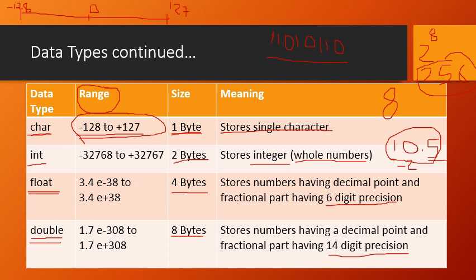Next, in order to store fractional values, we have 2 different data types. They differ in precision. Float has a maximum of 6-digit precision, whereas double has 14-digit precision, and float requires 4 bytes and double requires 8 bytes.